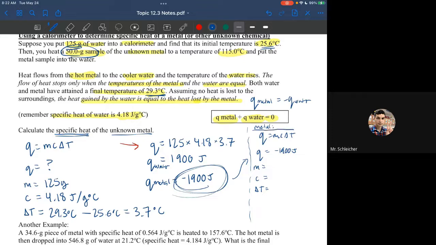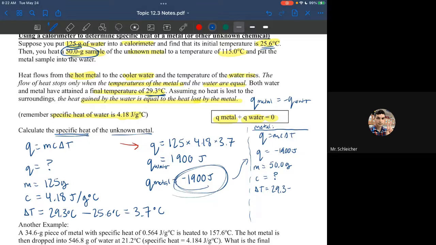Talk about the metal here. Our mass of the metal is 50.0 grams. Our specific heat of the metal, I don't know. We're calculating that right now. And then the change in temperature of the metal. What was the final temperature of the metal? 29.3. And we're going to subtract what temperature from it?